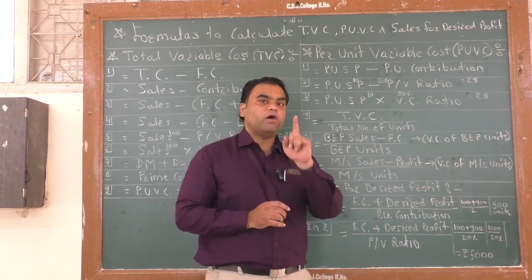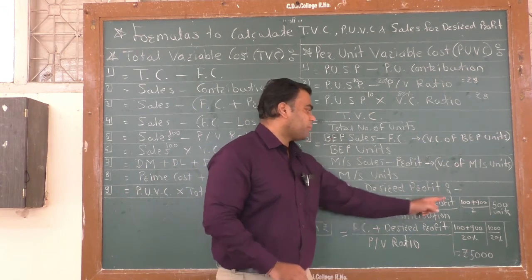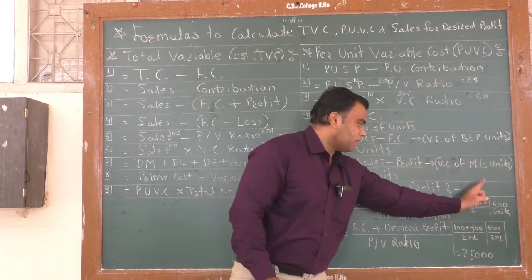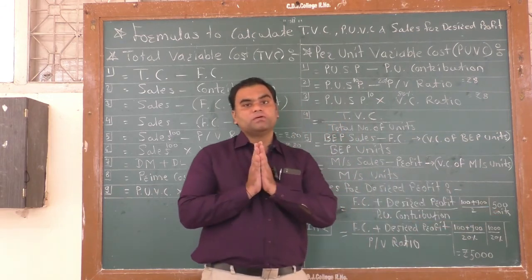Meaning if we want to earn profit of rupees 900, 500 units we will have to sell.